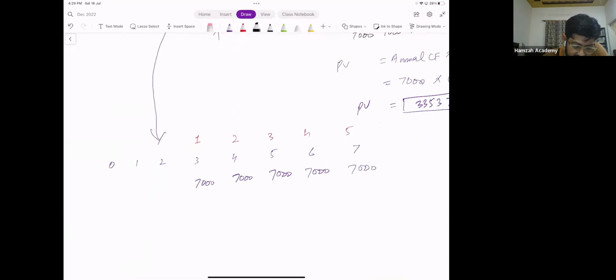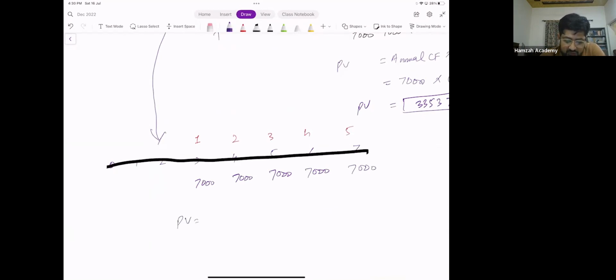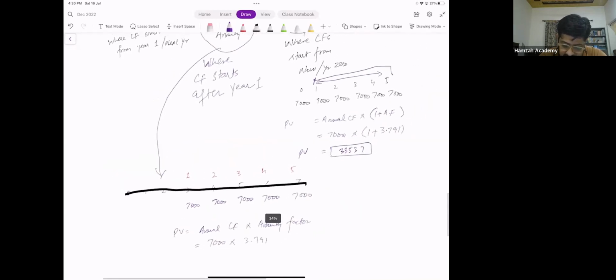This is simple annuity. So present value is equal to annual cash flow into annuity factor, 3.791 for 5 years.